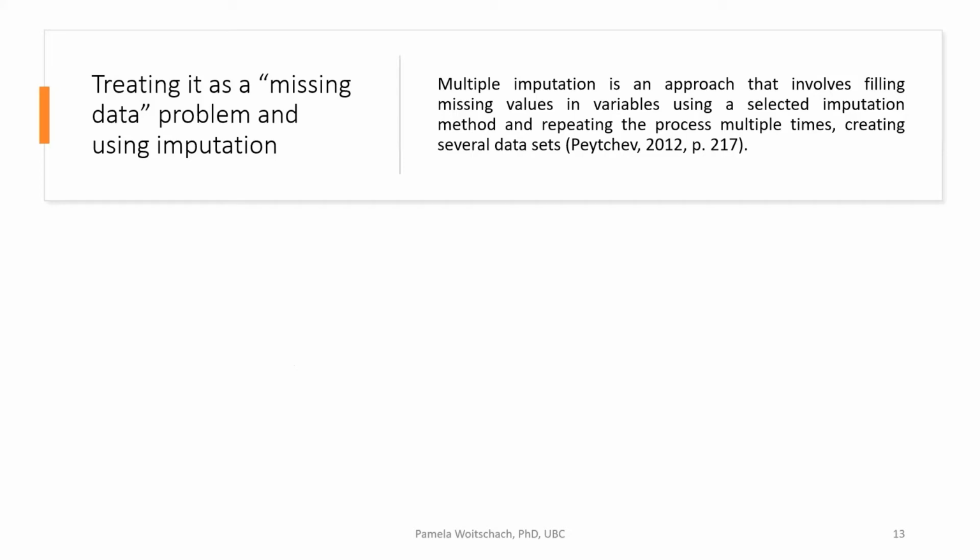A paper published in 2012, Multiple Imputation for Unit Non-Response and Measurement Error, defines imputation as an approach that involves filling in missing values in variables using a selected imputation method and repeating the process multiple times. They describe imputation as the deliberate creation of data that was not actually collected.